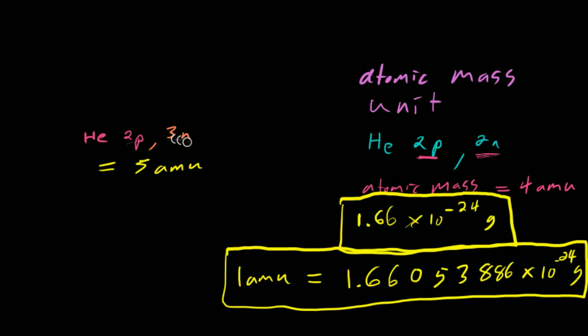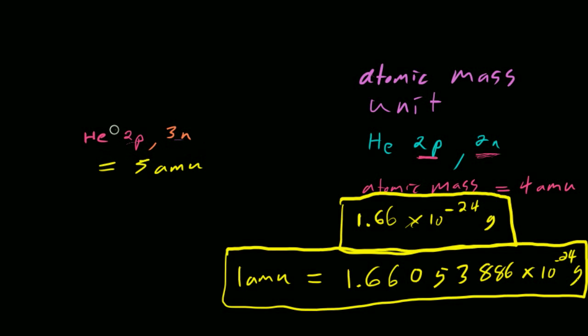The neutron has a slightly larger mass, but when we're talking about the atomic mass of atoms, we're going to consider the mass of a proton and a neutron essentially equal. So to get the atomic mass of an atom of helium, you add the number of protons to the number of neutrons.